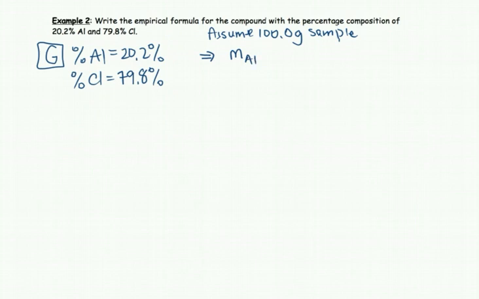So if we had 20.2% of a 100-gram sample, we would have 20.2 grams. And if we have 79.8% chlorine of the sample, we would have 79.8 grams, like that. So we're making the assumption that we have a 100-gram sample.